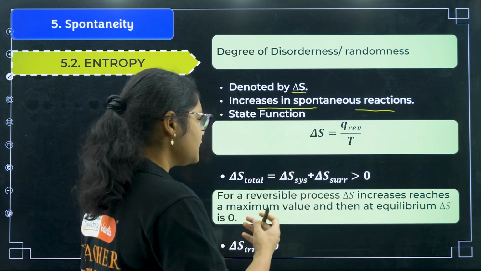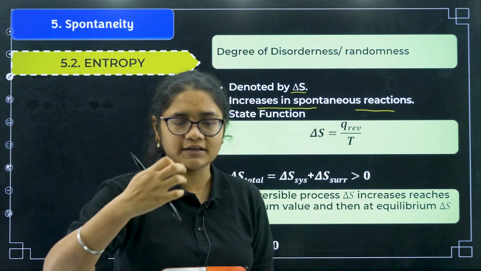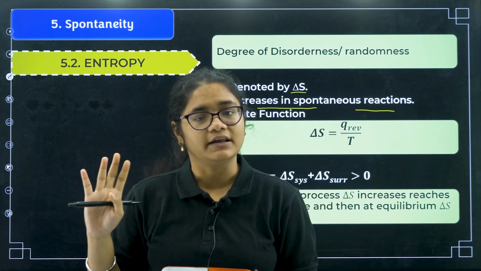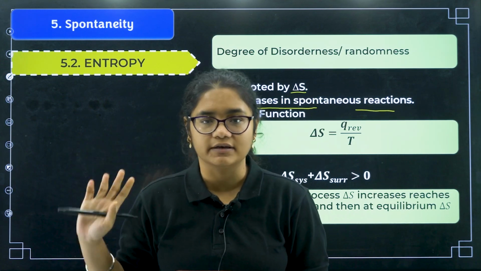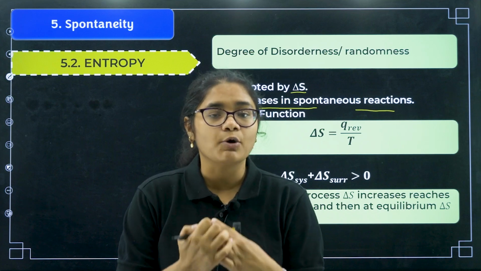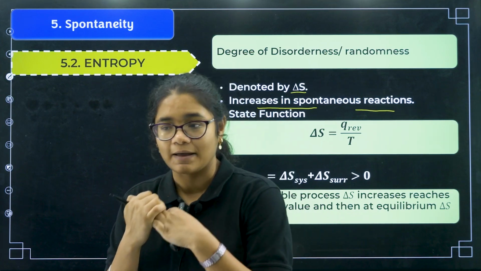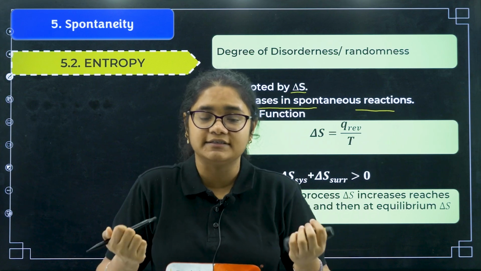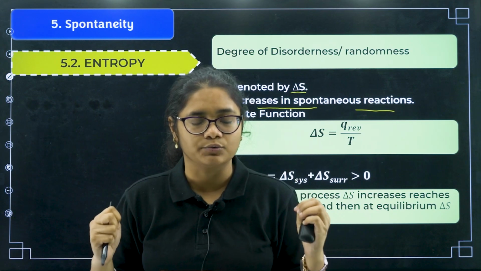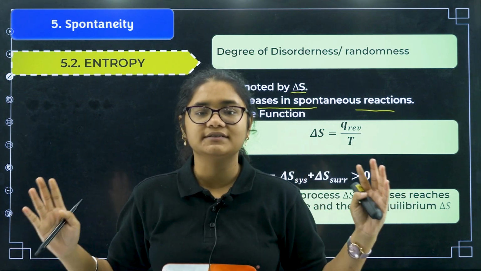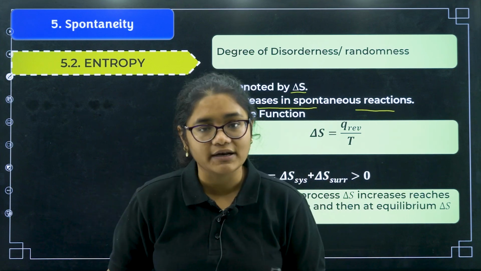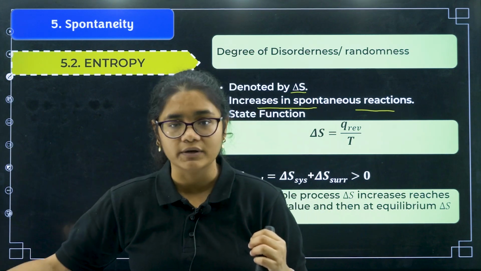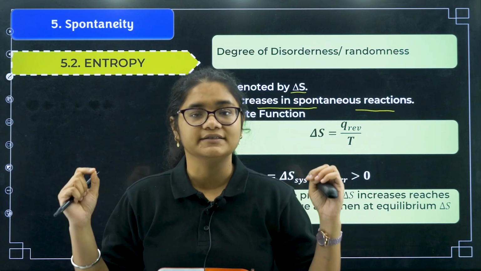Whenever a spontaneous reaction is happening, there is no doubt that the entropy has increased. In enthalpy we have some exceptions where energy is taken and the reaction still happens on its own. But in entropy, it is always observed that whenever a reaction has taken place by its own, the entropy has always increased.